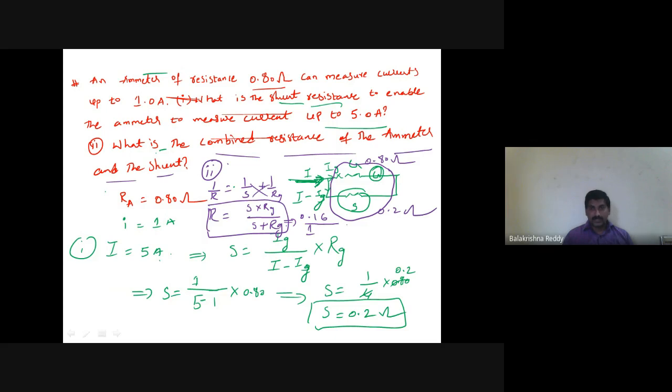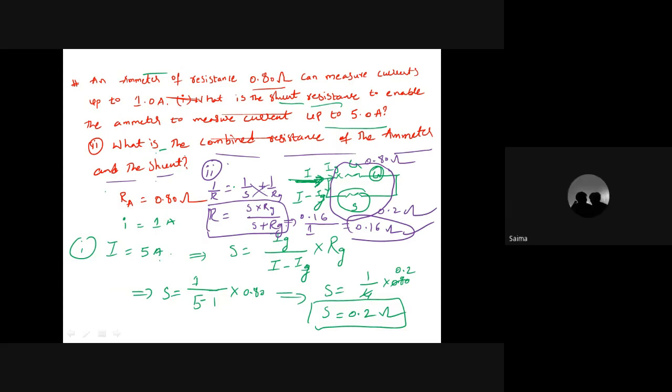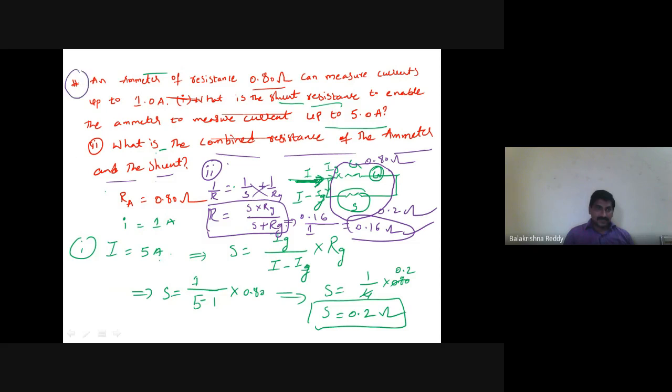So the total equivalent resistance is 0.16 ohms, the combined resistance in the ammeter circuit. So this is one example.